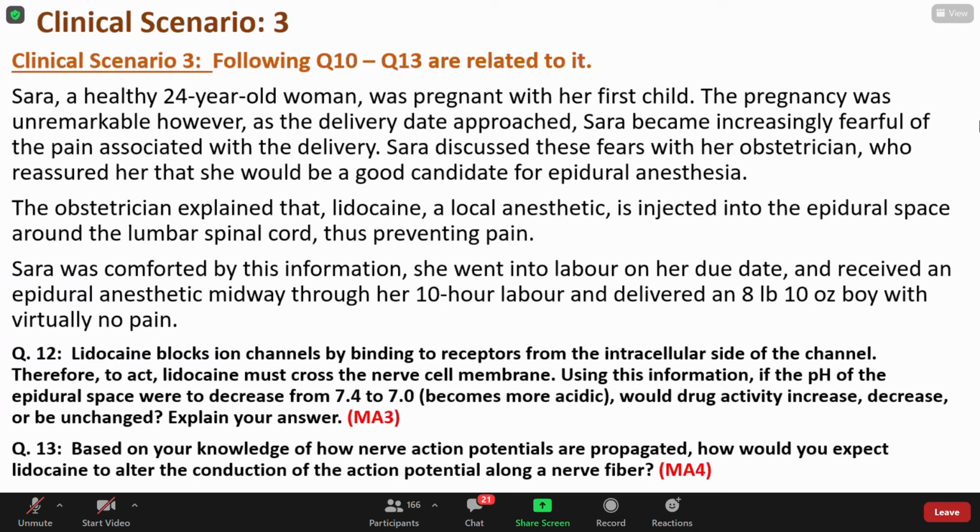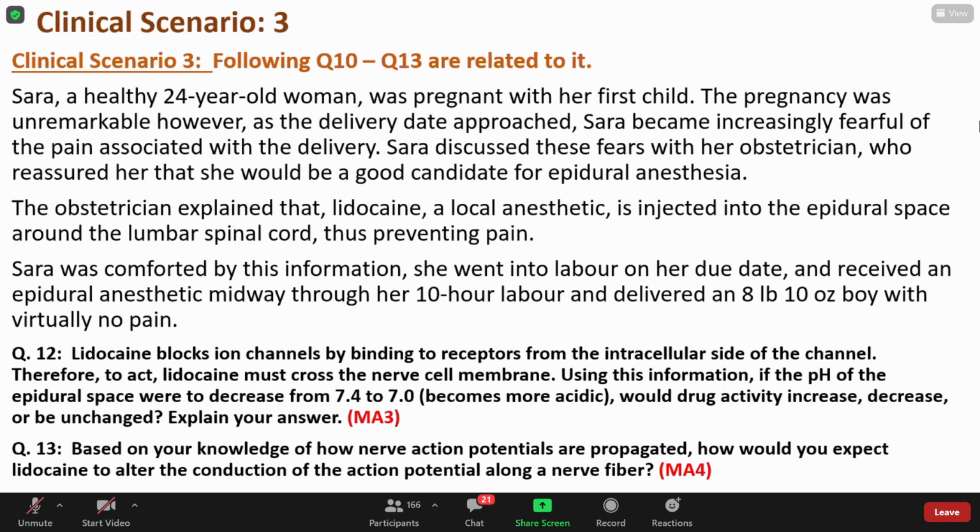Yeah. In our group, we decided that it would decrease because it's a weak base, and creating a more acidic environment will make it more charged, thus decreasing its absorption. And also when we looked up the optimal pH for lidocaine, it was between 3.5 to 7. Doctor, I have another answer.